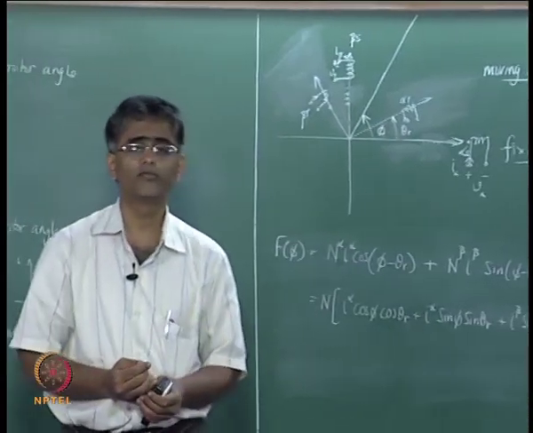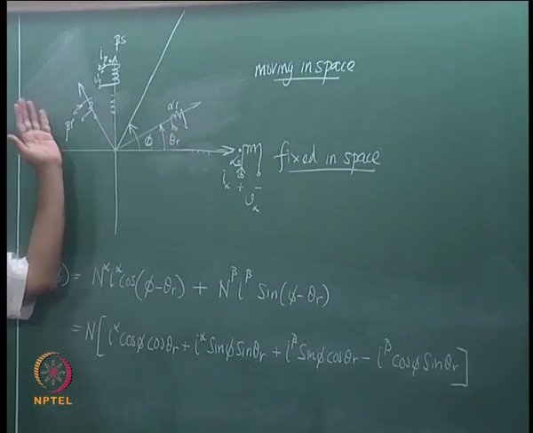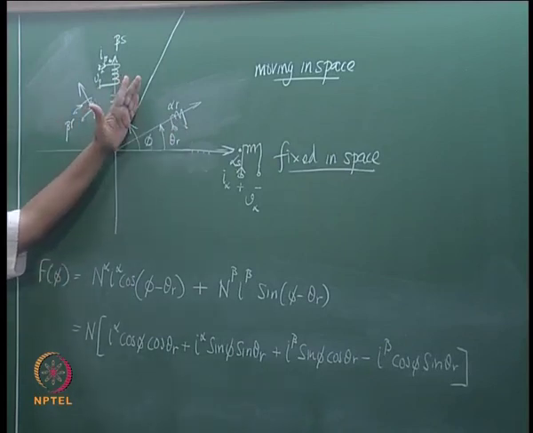So, this is the MMF that is generated by alpha r and beta r at a given angle phi.